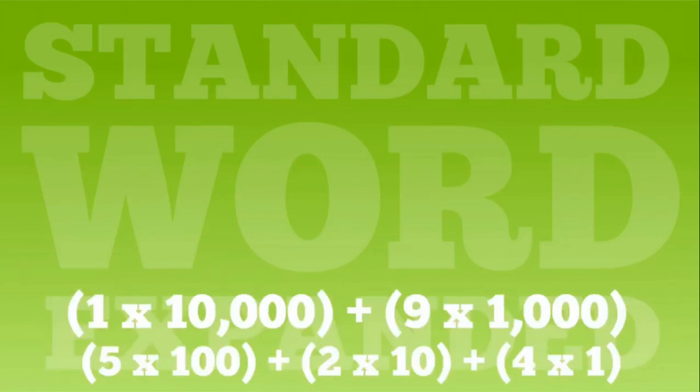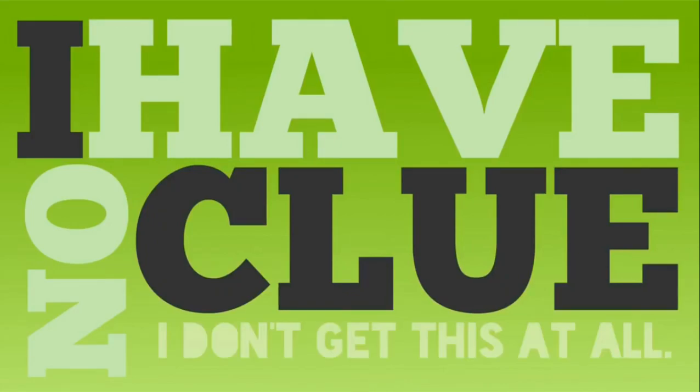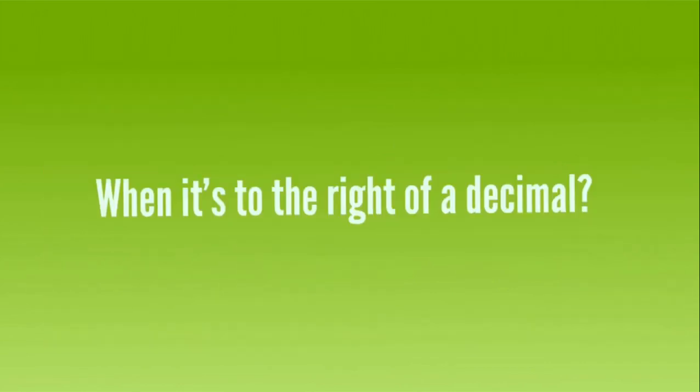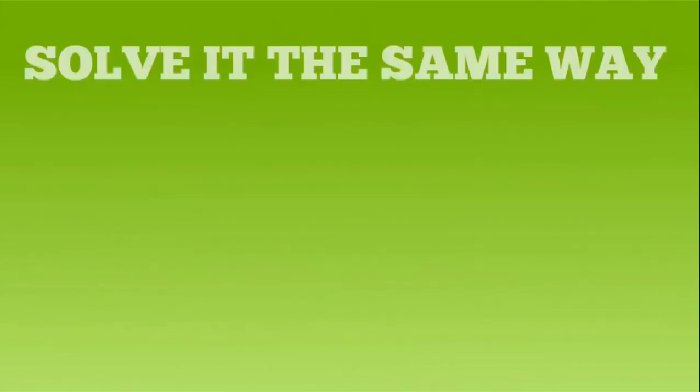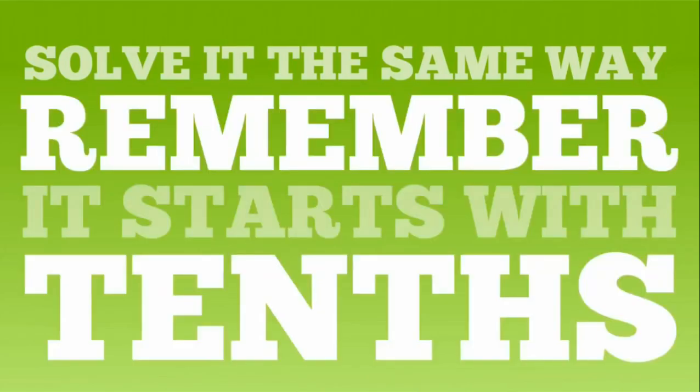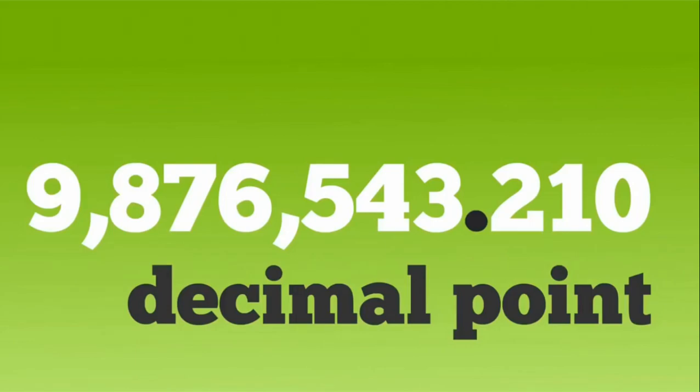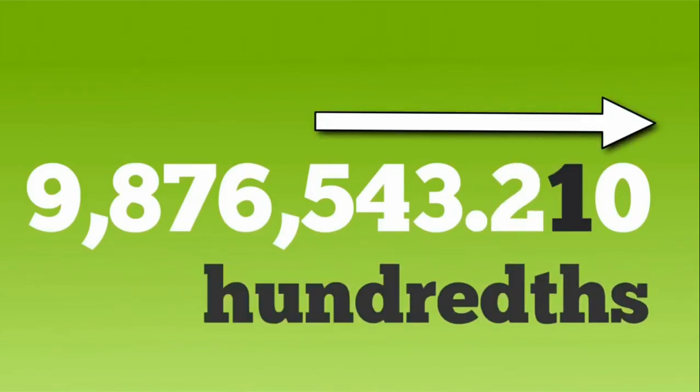I hate to say this, I have no clue. Don't get this at all. What happens when? What do I do? To the right of a decimal. Something the same way. Remember it starts with 10 you know. Spell it the same way. THS, good to go. Start with the decimal and you work to the right. You got tens, hundreds, and the thousands.